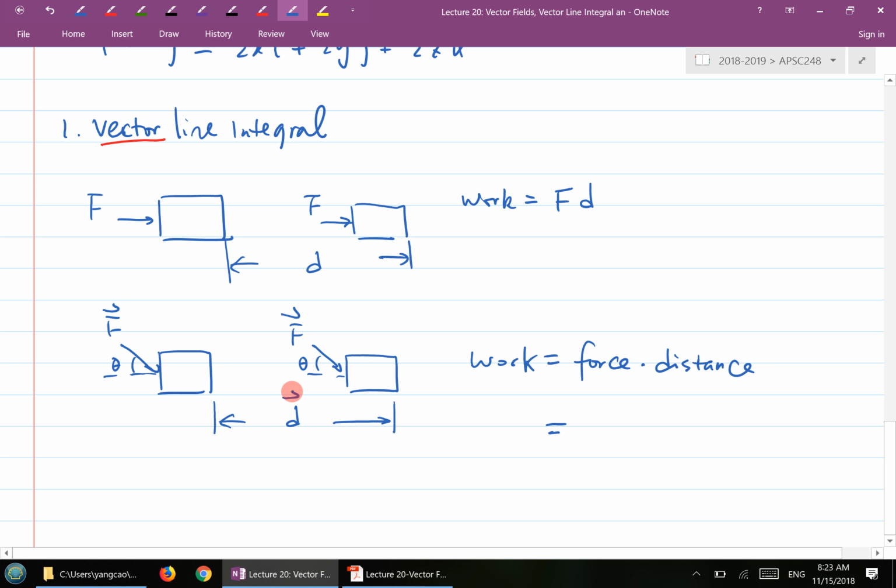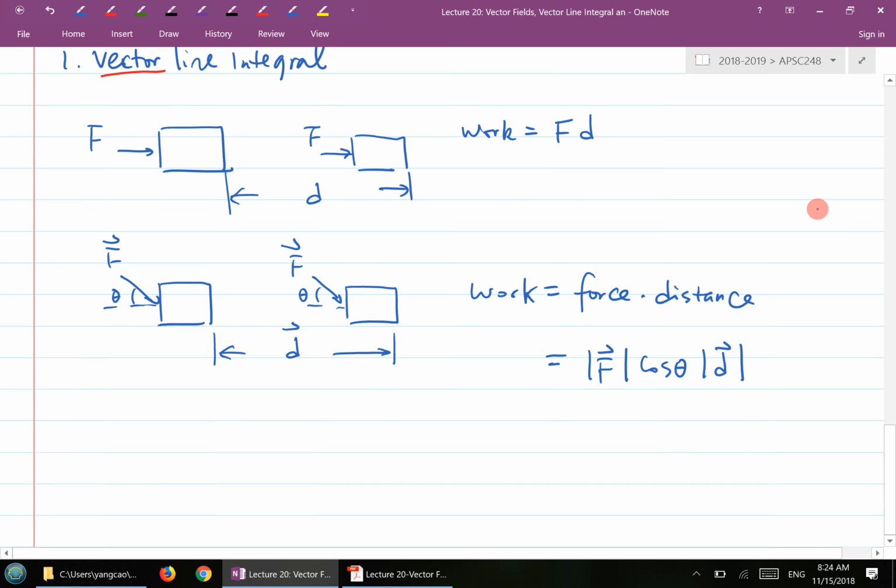So using the vector concept, this F here is the magnitude of the force, times cosine theta, that's the horizontal component, and then times the absolute value of the vector d, which gives you the displacement distance. Rearranged, it is F d cosine theta. That's how much work is done in this situation.